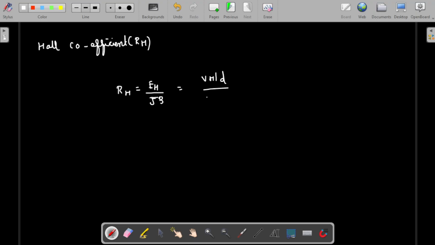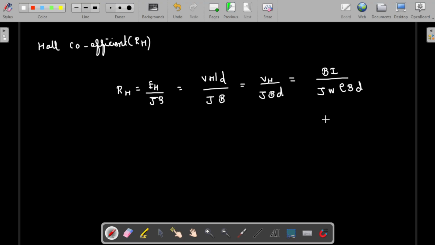VH divided by distance. So it will be equal to VH divided by JB into D. If we substitute the value from the previous equation, then we will get VH equal to BI divided by rho W into B and D.